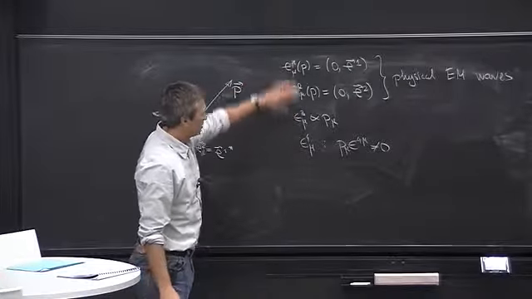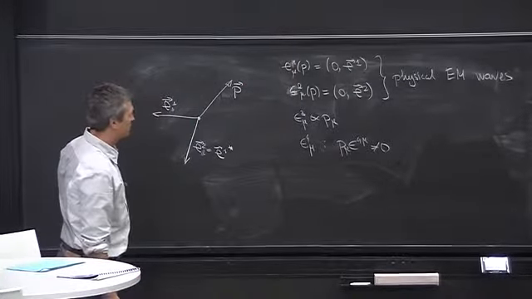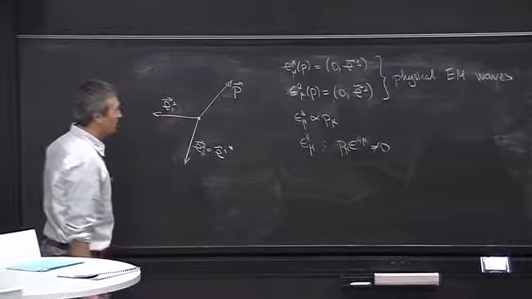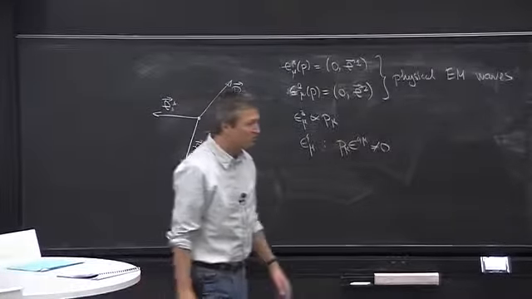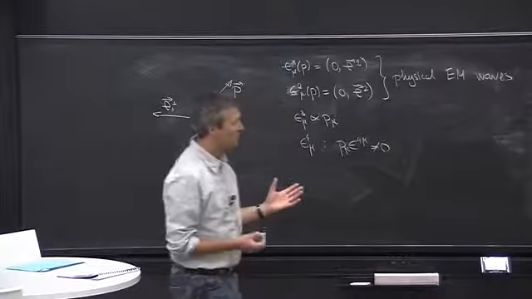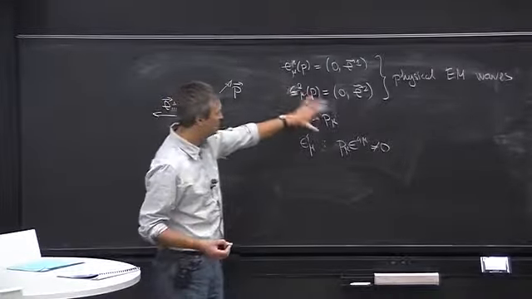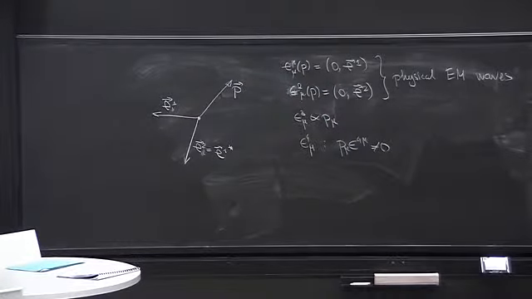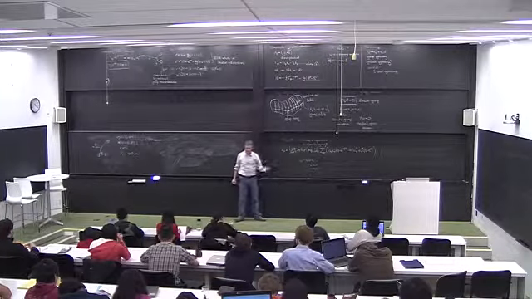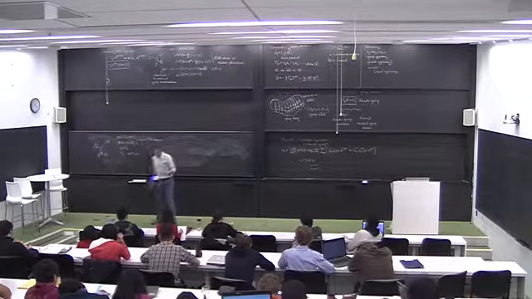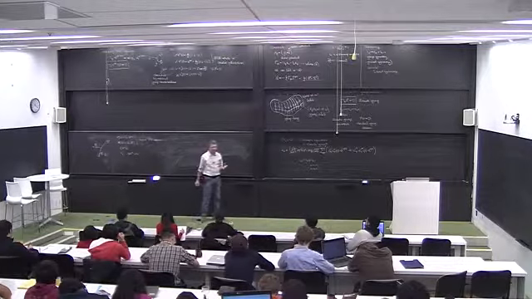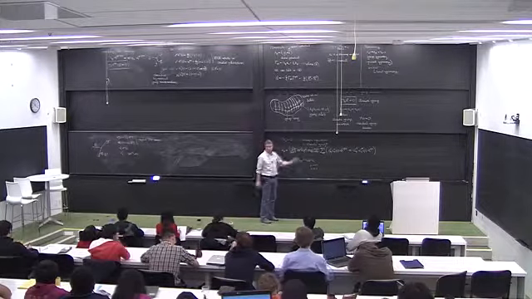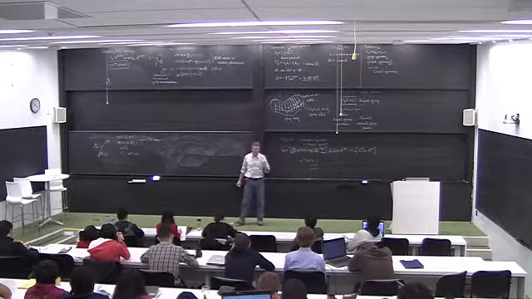Then these 4 vectors form a complete basis in the 4-dimensional space, and they depend on P. If we were to solve the classical Maxwell's equations, it will be enough to keep just these 2 polarization vectors. With these 2 polarization vectors, this would be the solution for Maxwell's equations. And this solves the problem of how electromagnetic waves propagate in the vacuum, right? I suppose you have seen this solution in this or that form in other courses.